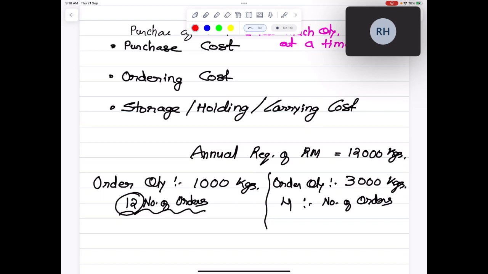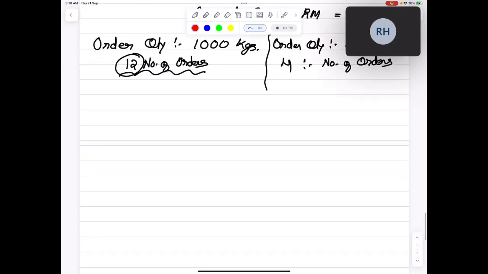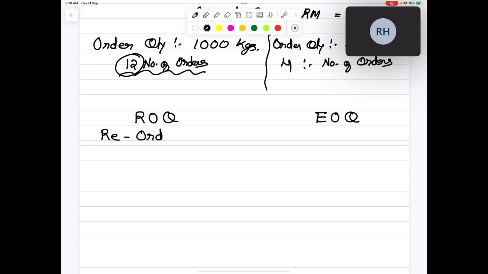So there are two concepts related to this method. The first one is known as ROQ, and the second one is known as EOQ. ROQ stands for reorder quantity.